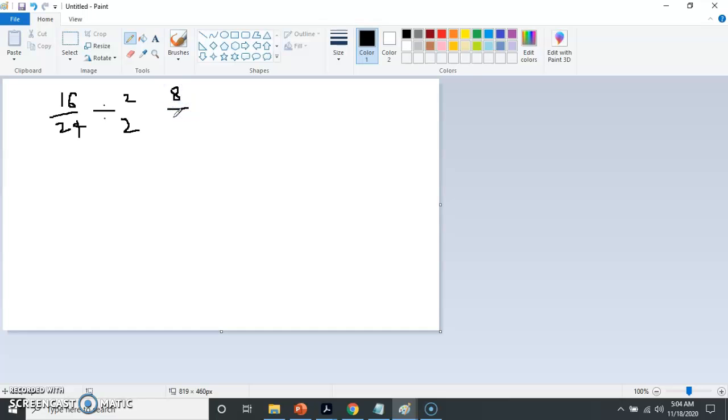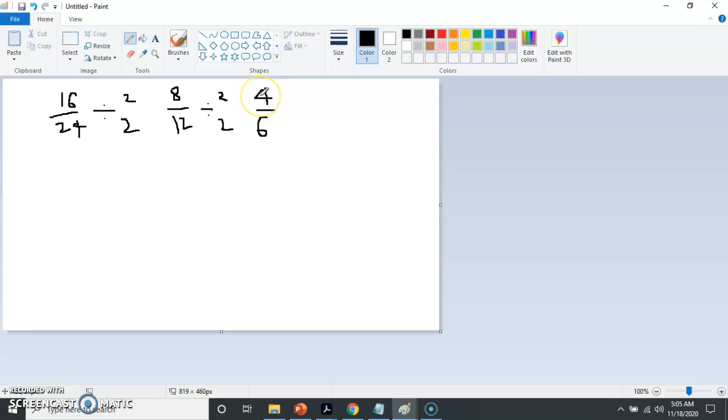And 24 divided by 2 is 12. So now we have 8 and 12. We can divide them by 2 again. And 8 divided by 2 is 4. And 12 divided by 2 is 6.